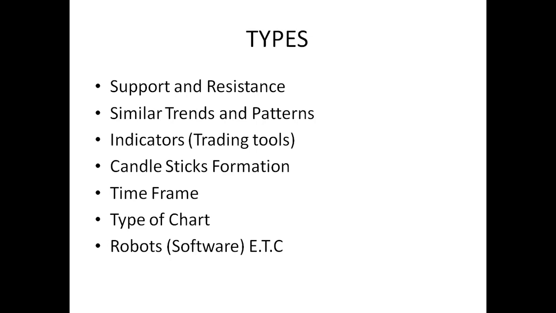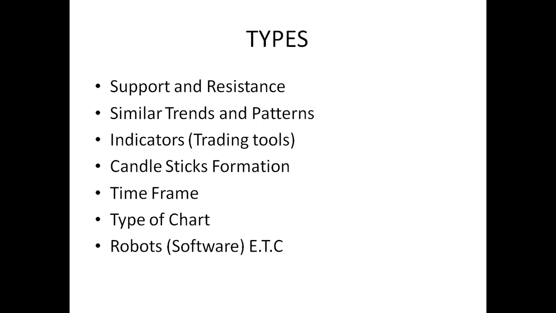So you will come to understand today that there is not just one way to become successful in the Forex market. One might be using support and resistance. You might want to go and try support and resistance, and it might not work for you. And for all you know, maybe trends and patterns will work for you. And the fact that maybe I am using trends and patterns doesn't mean that it might also work for you.